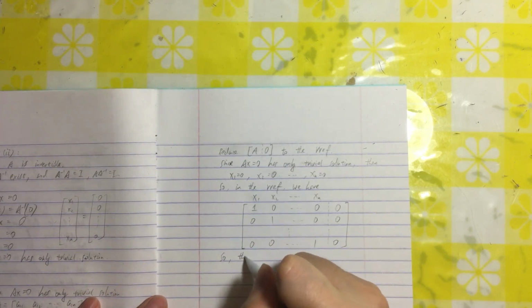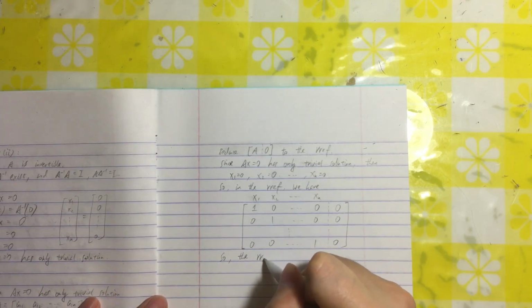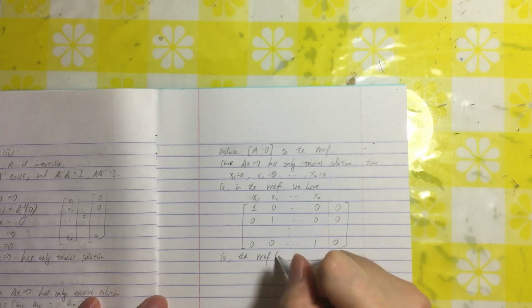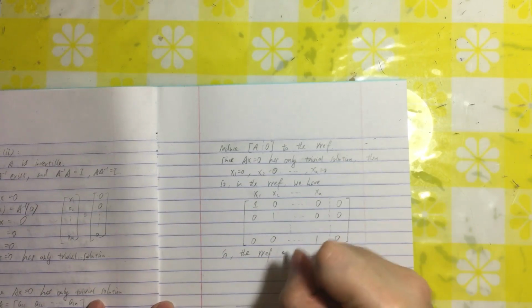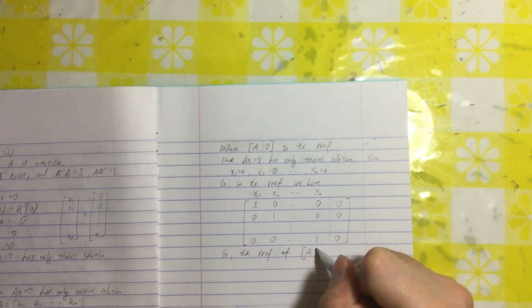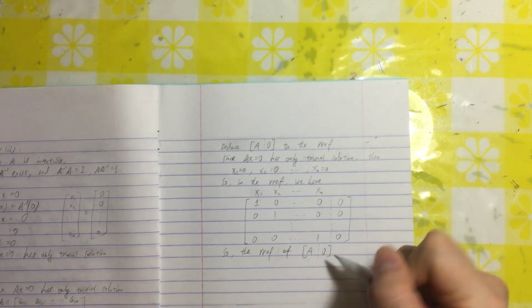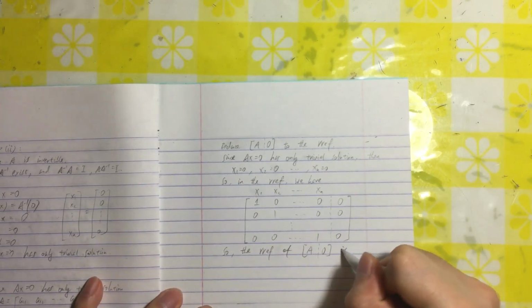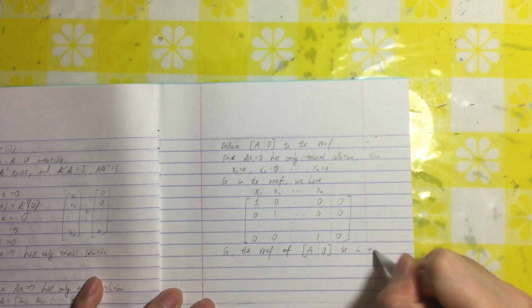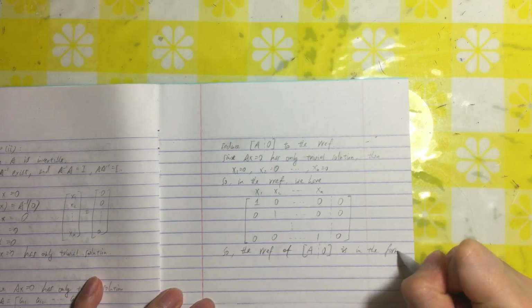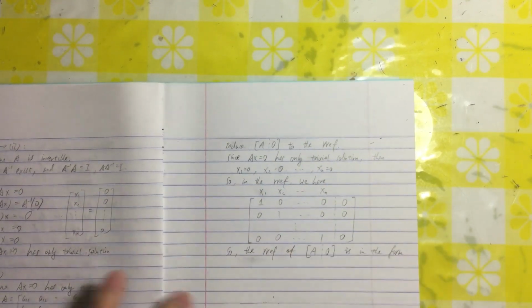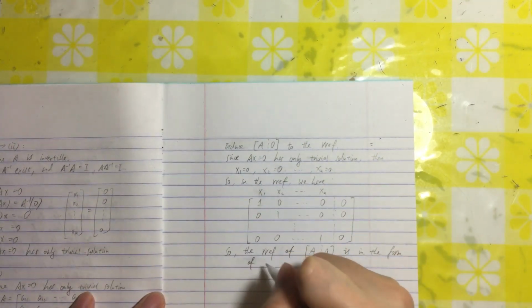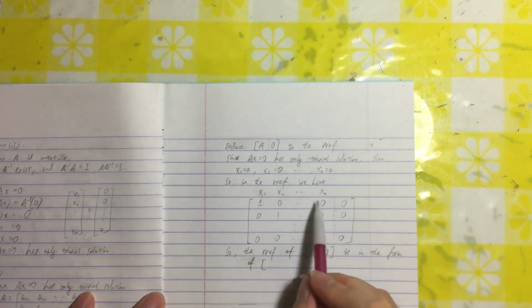So, the reduced row echelon form of this matrix A followed by a column of 0 is in the form of I_n.